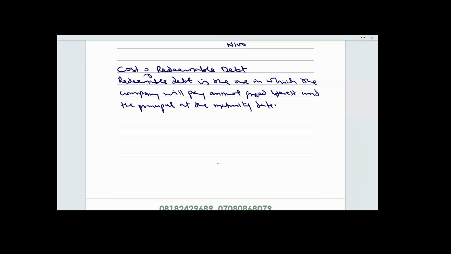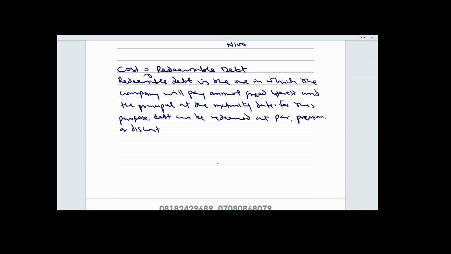For this purpose, debts can be redeemed at par, at a premium, or at a discount.